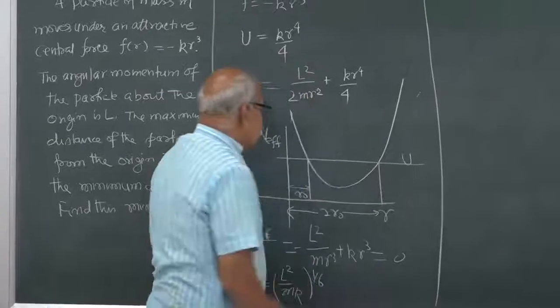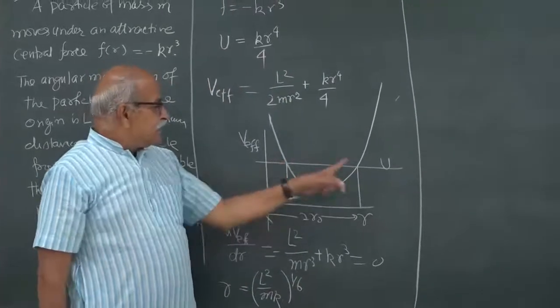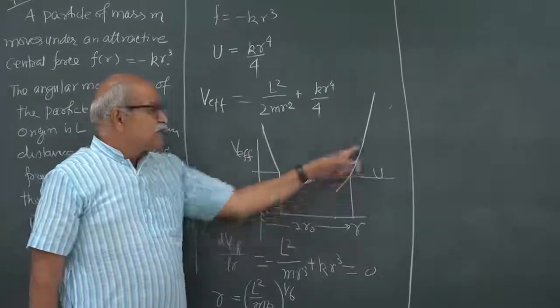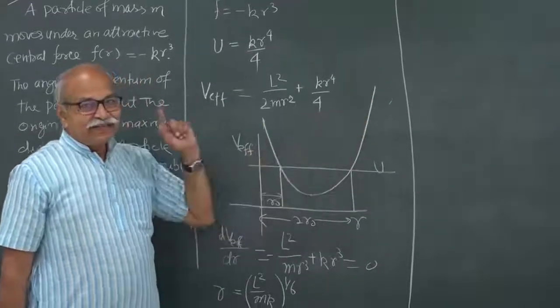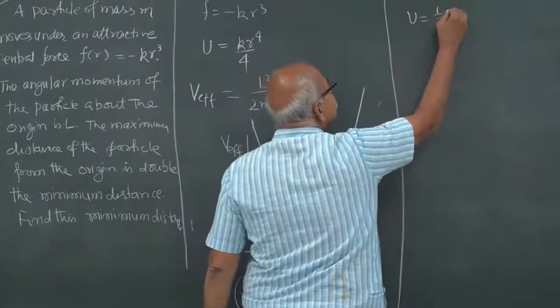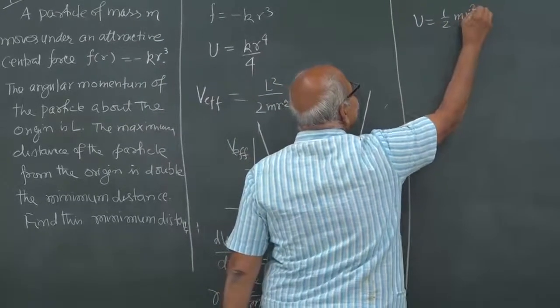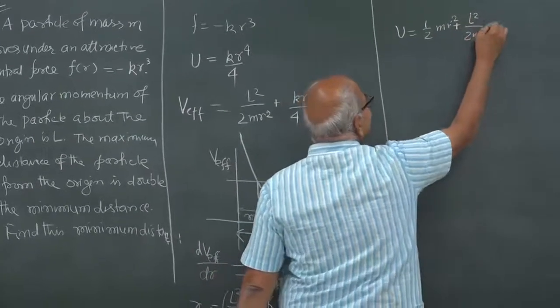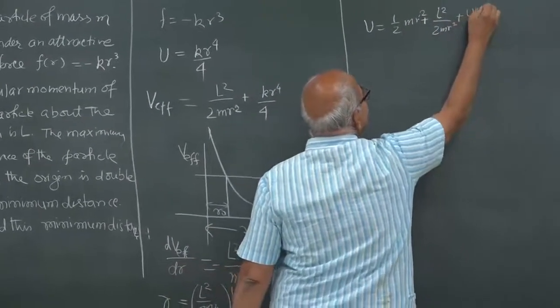At this point, and at this point the total energy is same as this effective potential energy. That is why that half m r dot square is 0. Total energy is half m r dot square plus L square by 2 m r square plus u of r, potential energy.